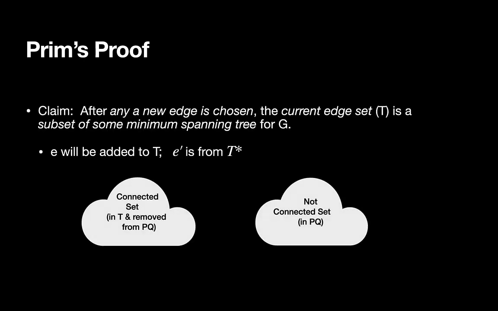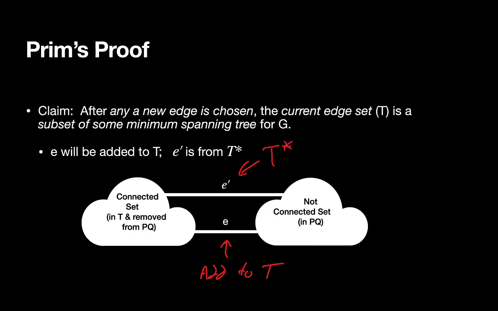Okay, so 2 edges, E and E prime. And again, E we're going to add to T, and it is the edge chosen by Prim's algorithm, and E prime is something in T star that also connects together these 2 sets of vertices.